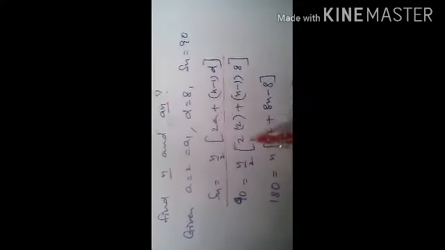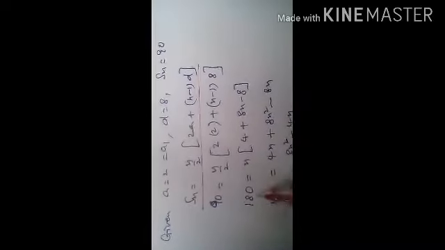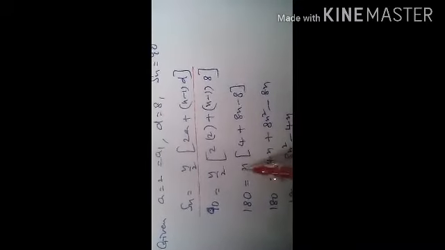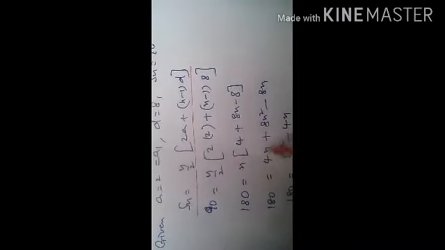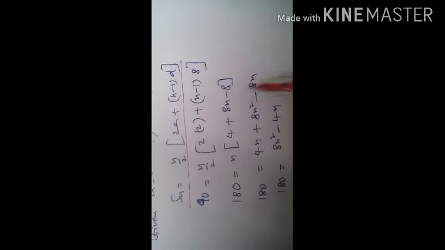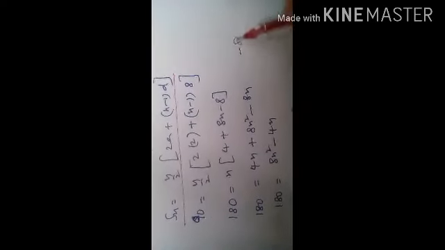Sn is equal to 90, n by 2, substituting 2 and substituting 8. So 2 into 90 is 180, n into 4, 4n, n into 8n, 8n square, n into 8, 8n. So minus 8n plus 4n will get minus 4n.